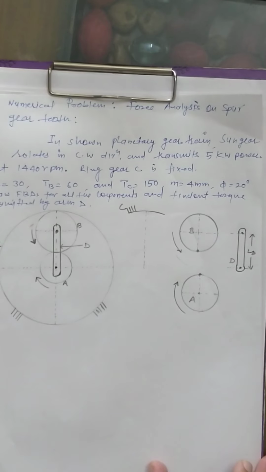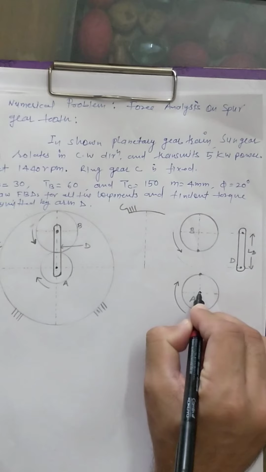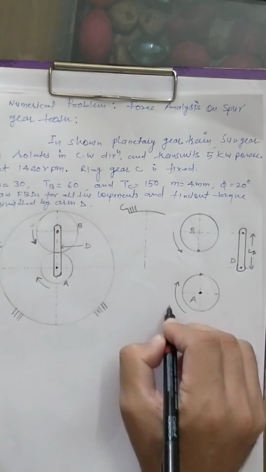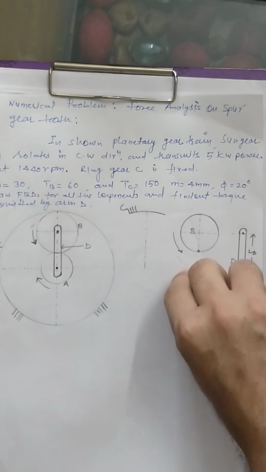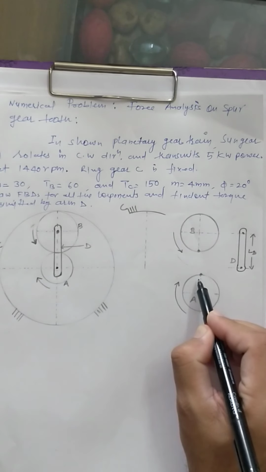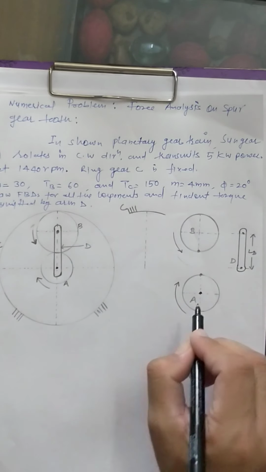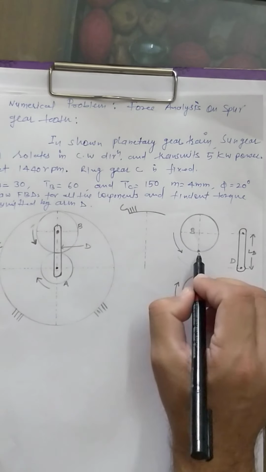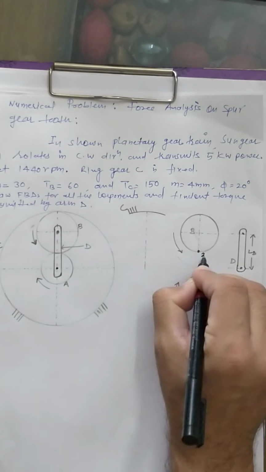Now we are taking this gear A, which is rotating in clockwise direction. So just try to understand, if this gear rotates in clockwise direction, it will exert a force on B in the direction of rotation of gear A. So suppose this is point 1 and this is point 2.